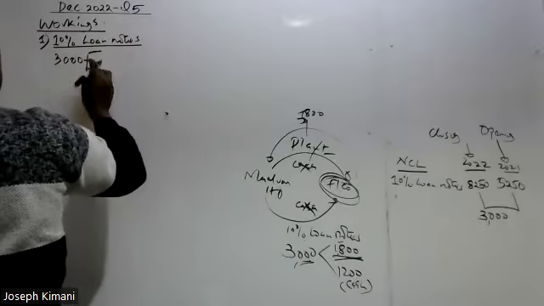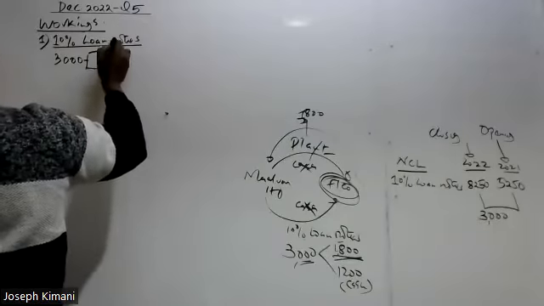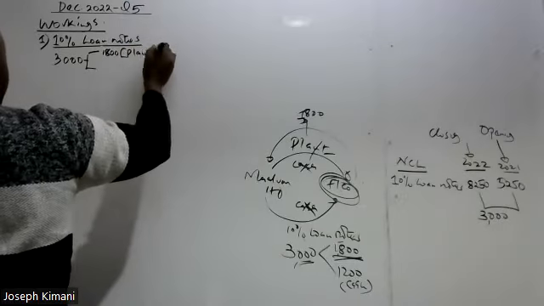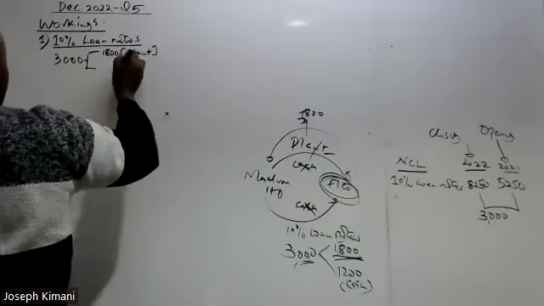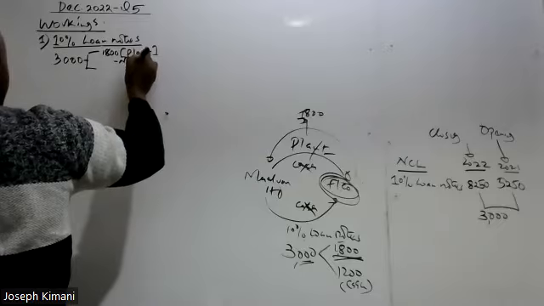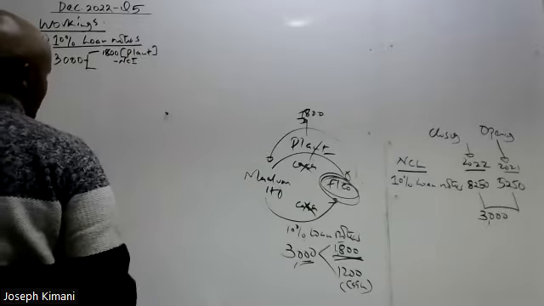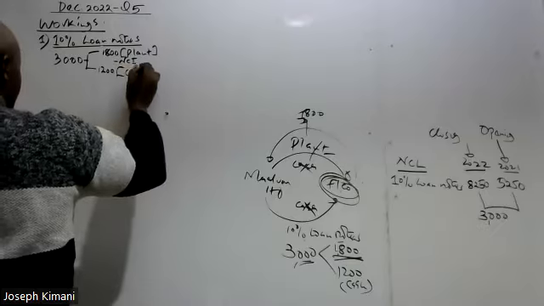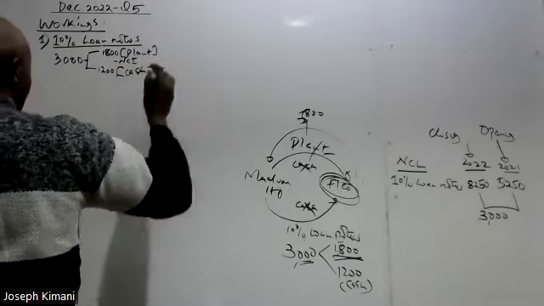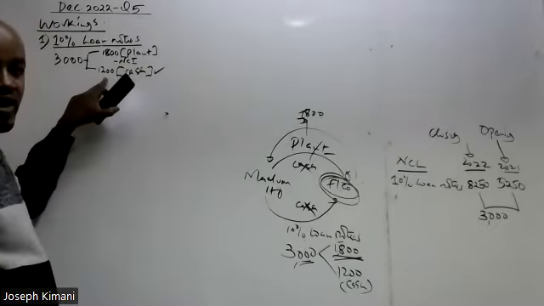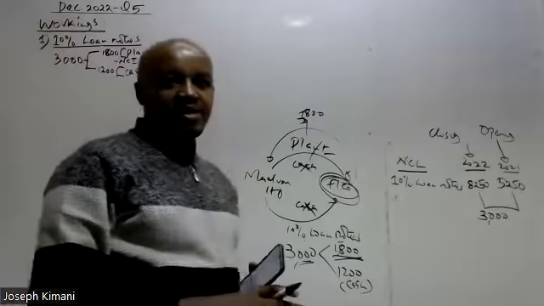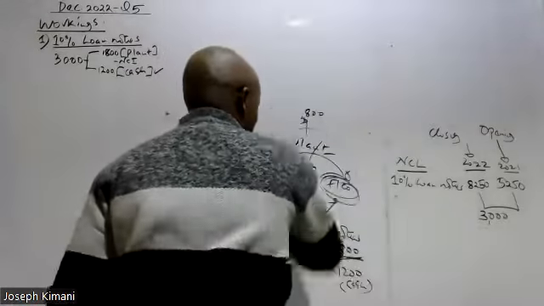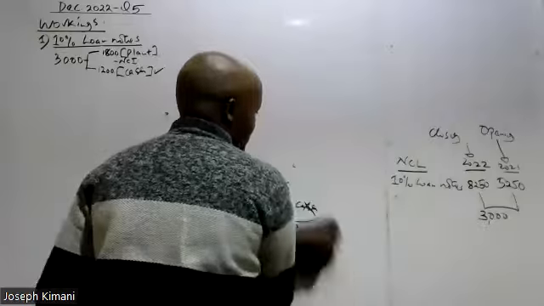Out of these loan notes, 1,800 were issued to pay the plant, and therefore this is a non-cash item. We are not going to take into account that amount of 1,800 in preparing our statement of cash flow. What we are going to consider is that amount of 1,200. So let's move to point number 2.